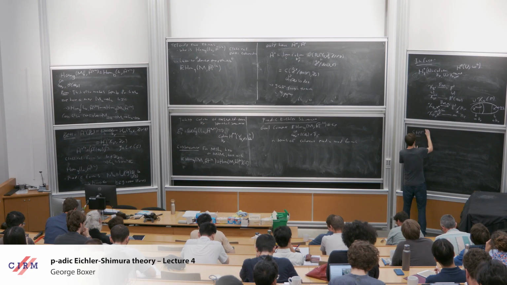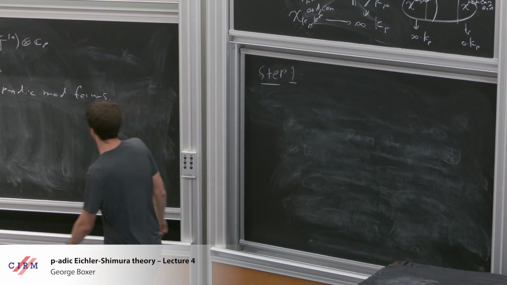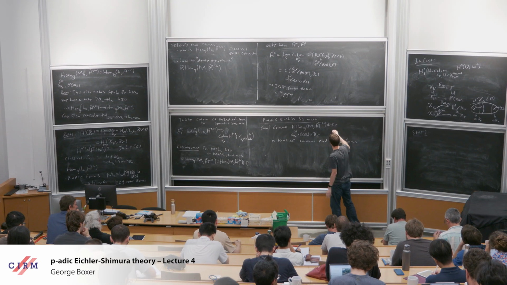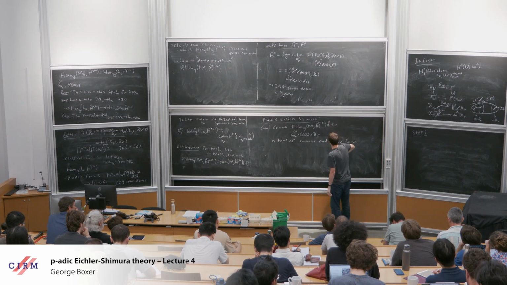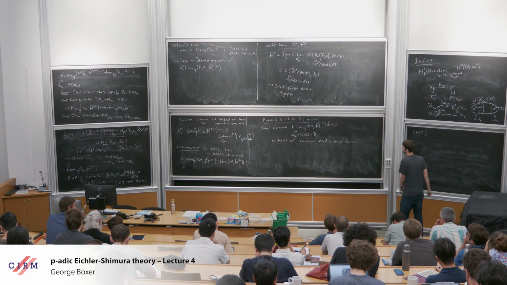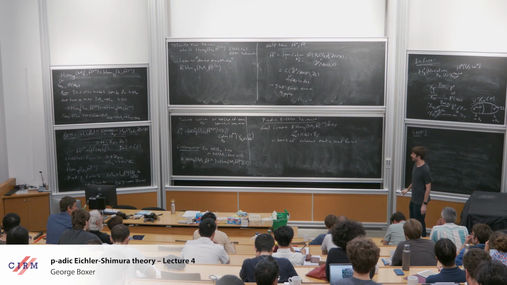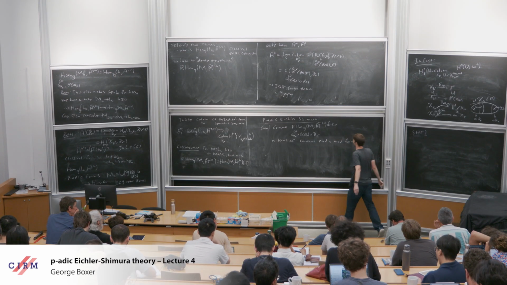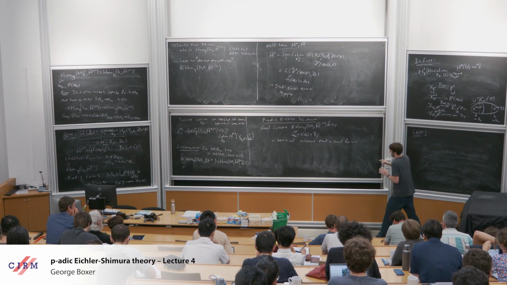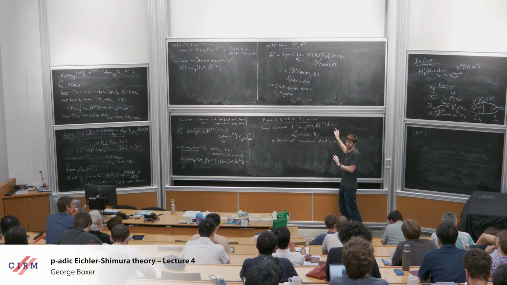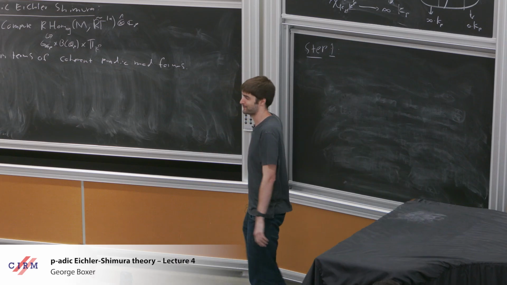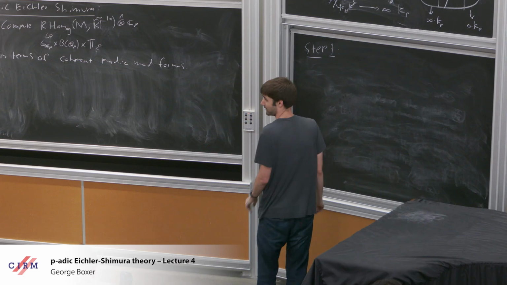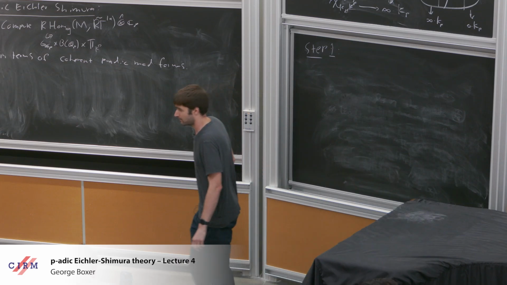So step one is that we just want to bring the C_p inside, and probably I should be writing some kind of hat here. I'll probably forget to write hats on a lot of tensor products in this talk, but this is really some completed tensor product. And so indeed, we need to be a bit careful about what are the topologies on this space and this kind of thing, and I'm going to be quite sloppy about this in this talk.